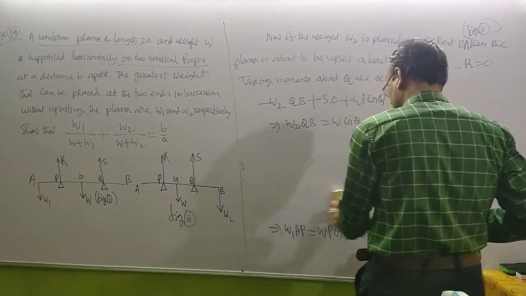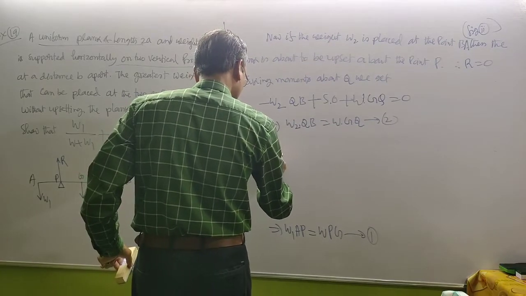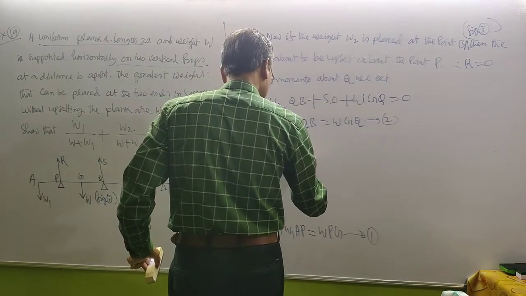Now, from 1, W1 into AP equal to W into PG.